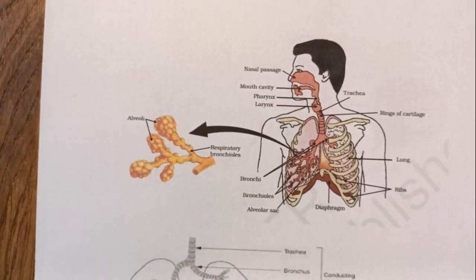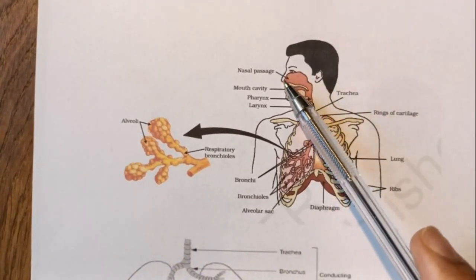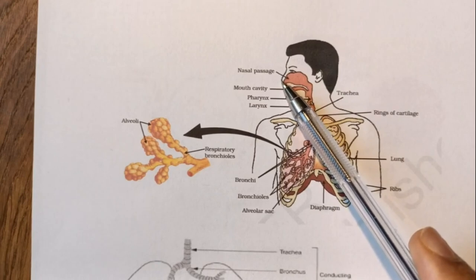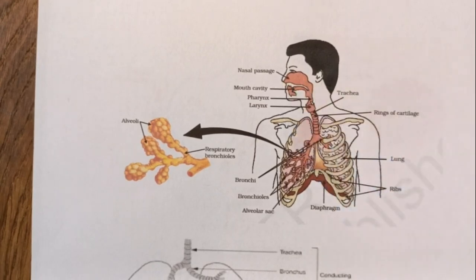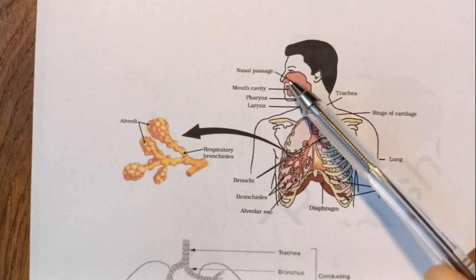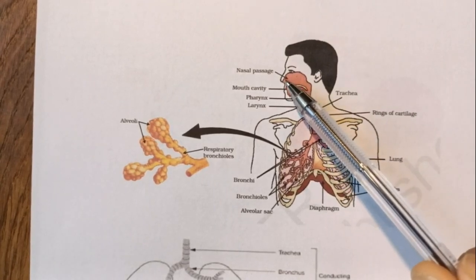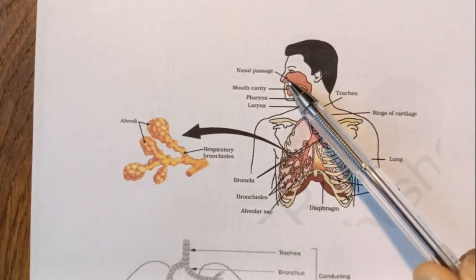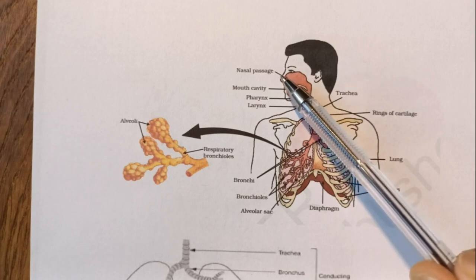Okay, so human beings take air into the body through the nostrils. These are the nostrils, the openings at the tip of the nose. There are two nostrils. The air passing through the nostrils is filtered by fine hairs that line this passage. So that is filtration of the dust and other major particles, insects.